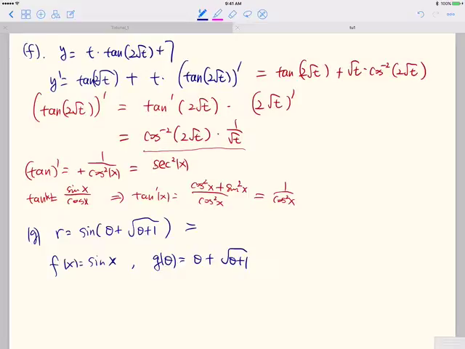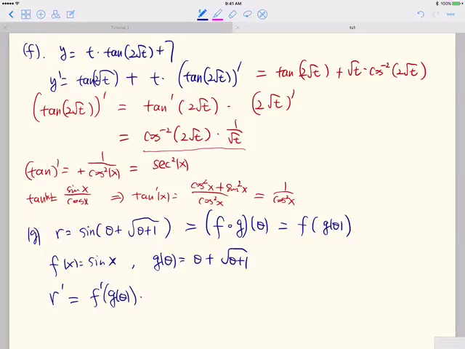So the function r will be f circle g at theta, which is just f of g(theta). So if you use the chain rule, you will get f prime at the point g of theta times g prime at theta. So f prime is just cosine, right? So cosine g(theta).